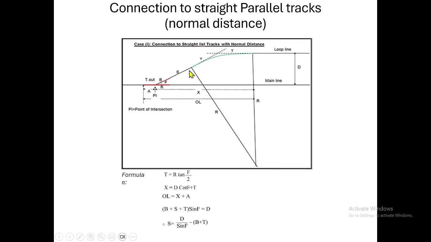Further, we want to find the tangent length, T. Once we know the radius of the curve, using the relation T = R tan(delta/2), where delta is the deflection angle, we can find the tangent length.